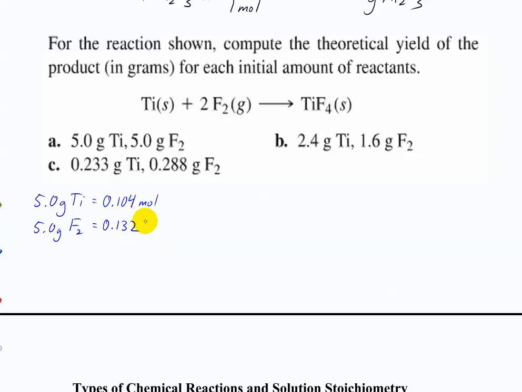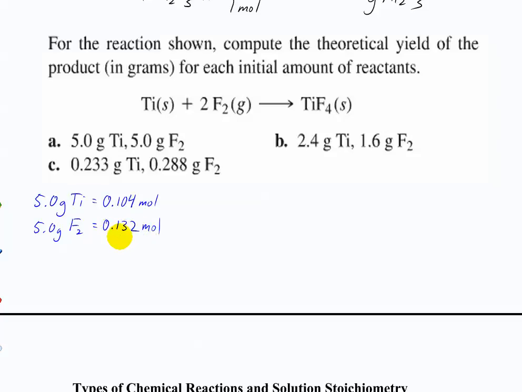Okay. Now we can get a little bit better picture of this. If we have 0.104 moles of titanium, how many moles of fluorine do we need? 208, because it's 2 to 1, right? So that means what's limiting? The fluorine. We need 0.204, we have 0.132, so that one's limiting.